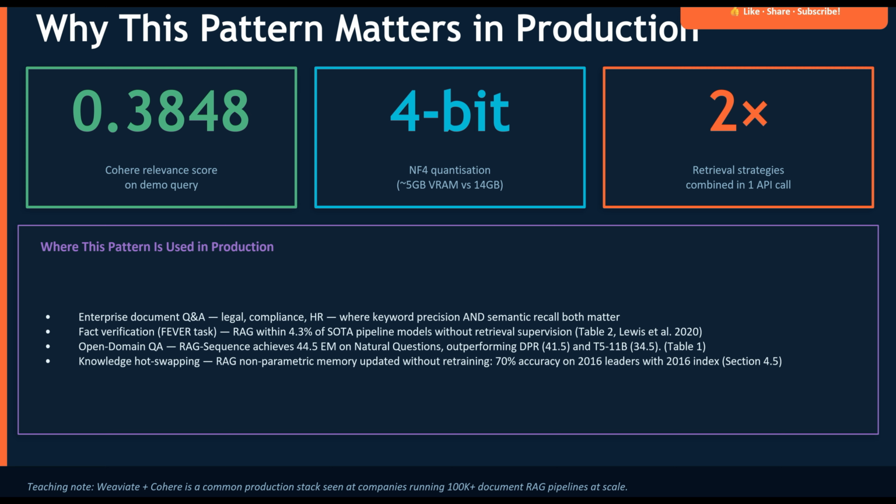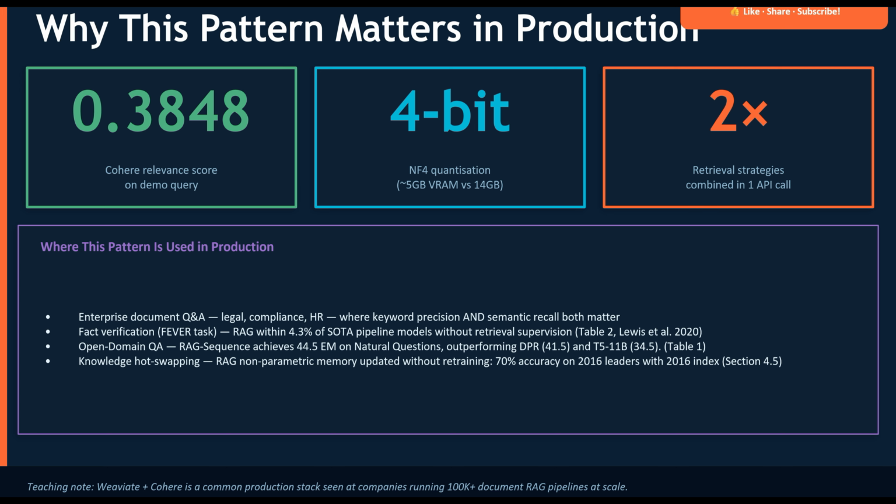That's not magic. That's the Cohere cross encoder model doing precise pairwise comparison between the query and each document. The closer to 1.0, the more relevance.